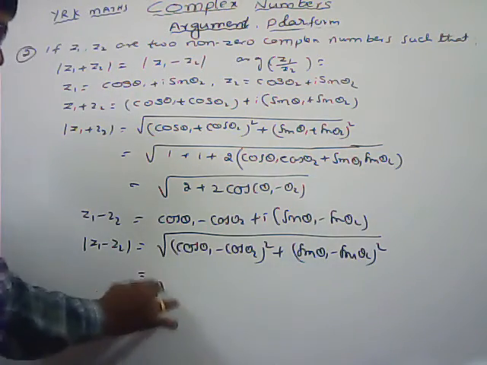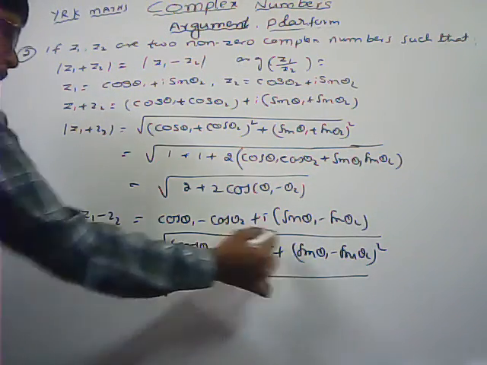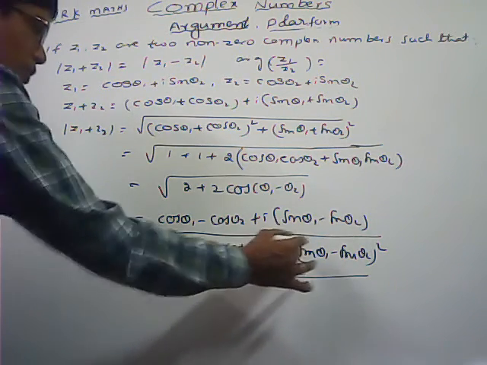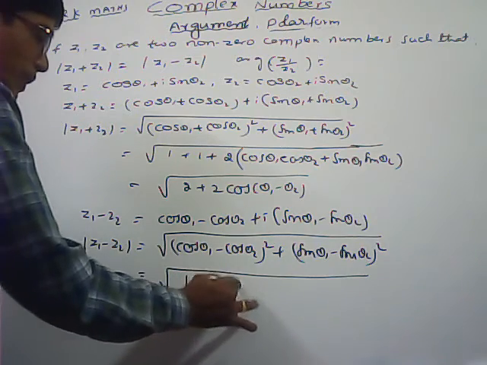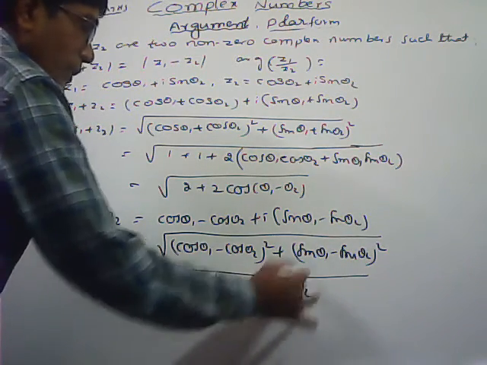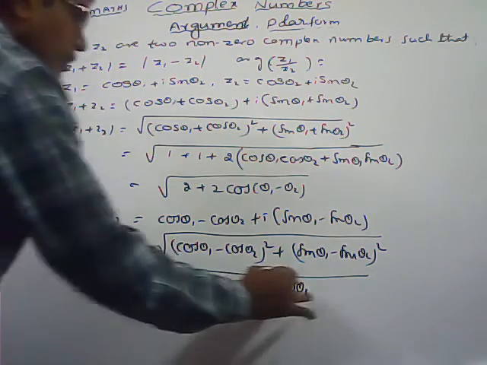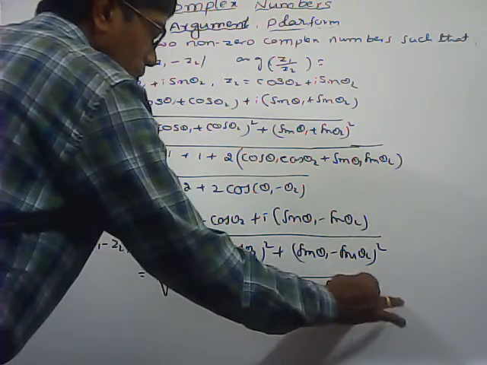that is equal to under square root of, by expanding cos square theta 1 plus sin square theta 1 we can write 1 plus cos square theta 2 plus sin square theta 2, that is also 1. Here minus 2ab, minus 2 into cos theta 1 into cos theta 2. Here also minus 2ab. From these two terms you can take minus 2 as common, here plus sin theta 1 into sin theta 2.